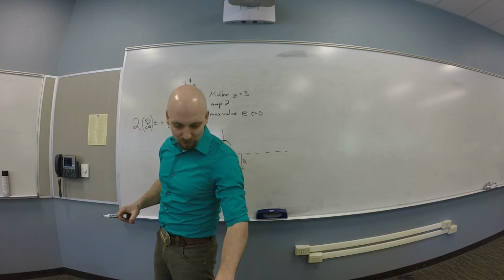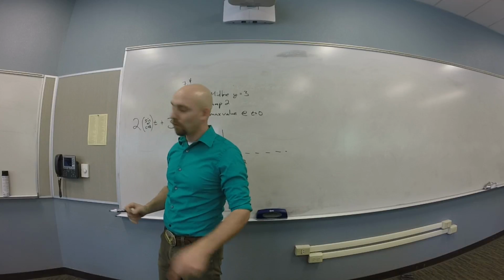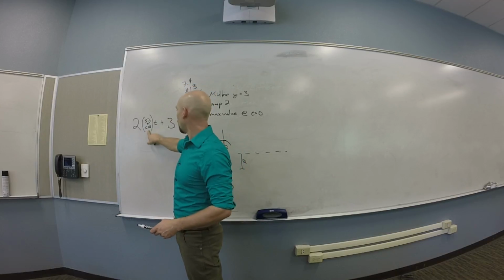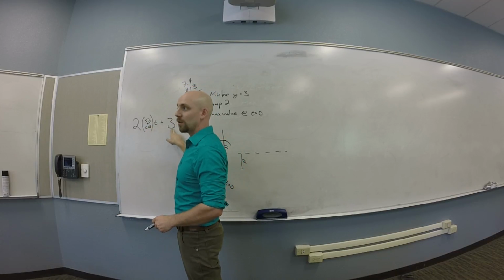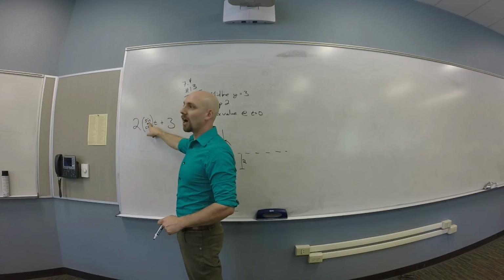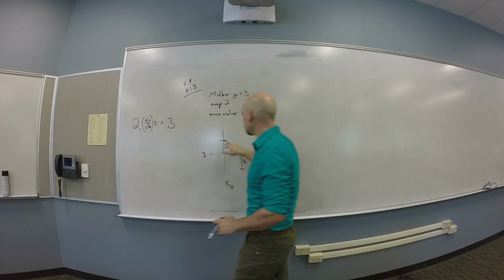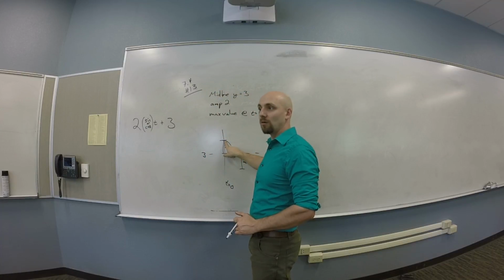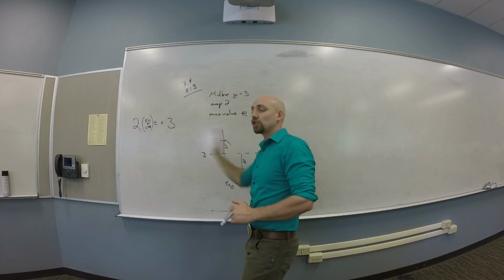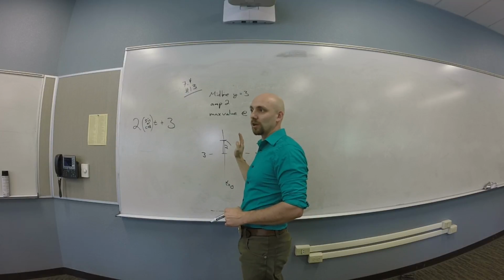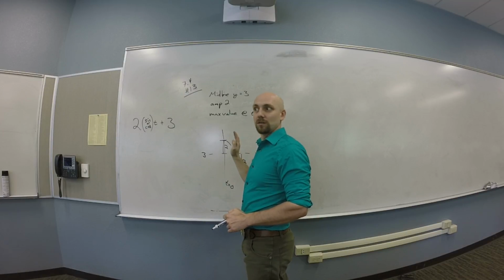For this problem, they said find all possible formulas of the form a sine or cosine of t plus k. My claim is that sine is not going to work for this one. So it's just cosine, because the maximum value has to be at t is 0. And I need a horizontal shift to get there, but they didn't allow me a horizontal shift. Cosine starts at the highest value.